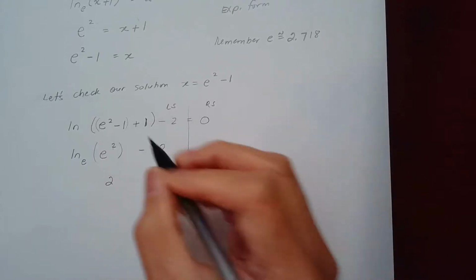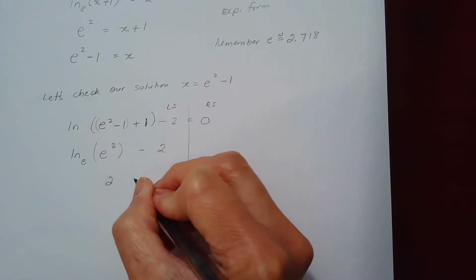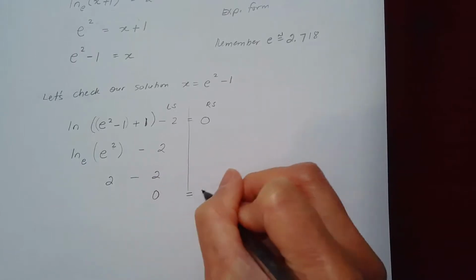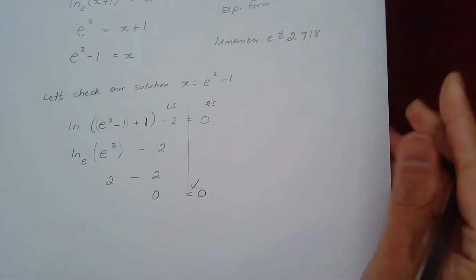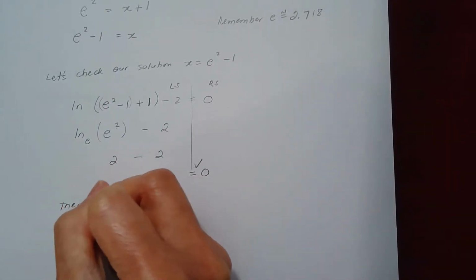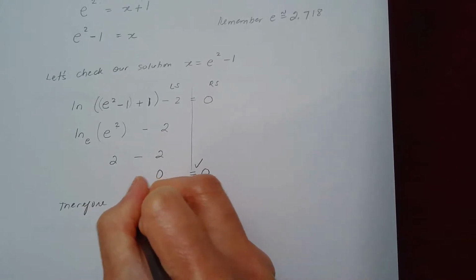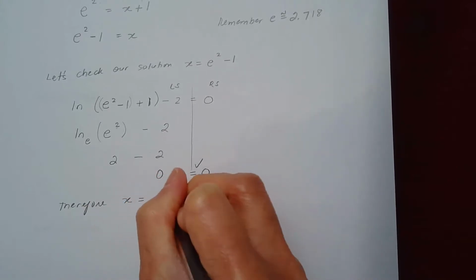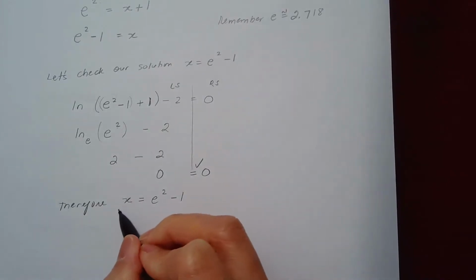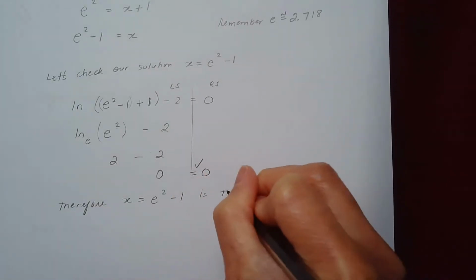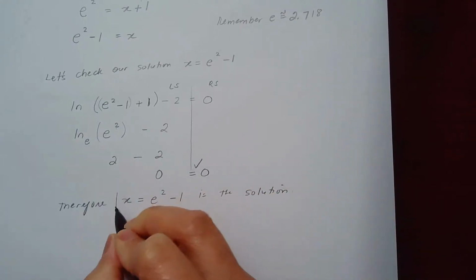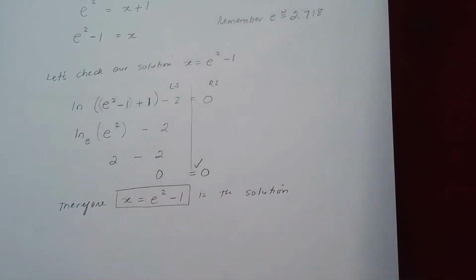The answer is 2. So 2 minus 2 is equal to 0. So 0 equals 0, which is our correct answer. So therefore x is equal to e squared minus 1 is the solution. There you have it.